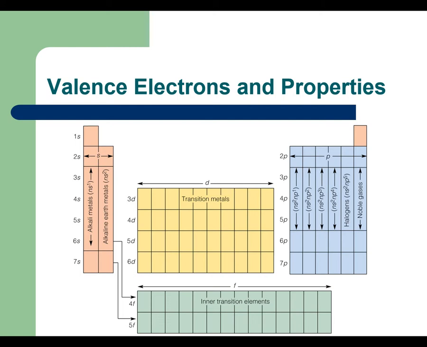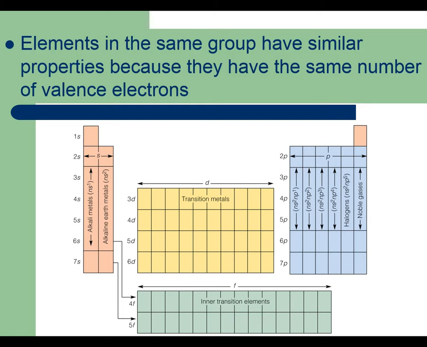That's actually this page right here that kind of shows how the pattern goes. All the elements in the same family have the same number of valence electrons. There it is. All right, good there?